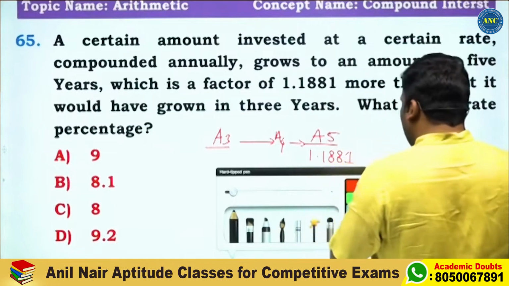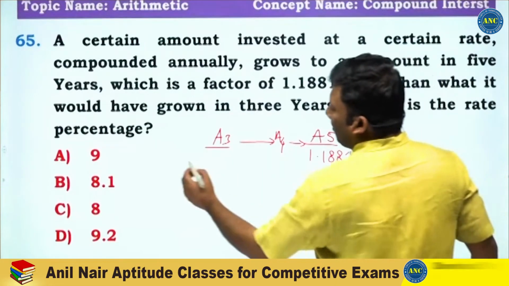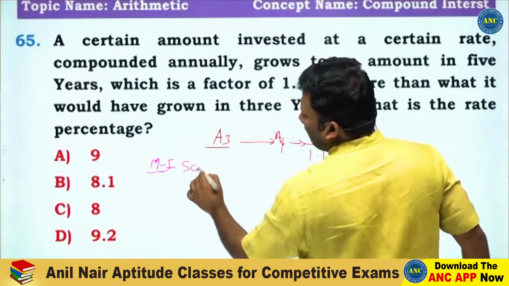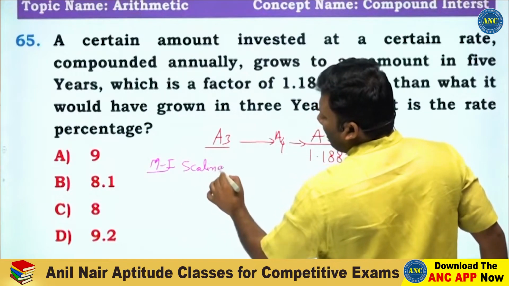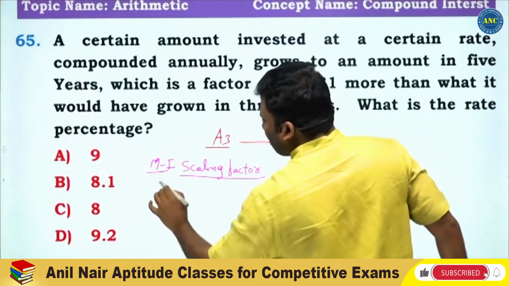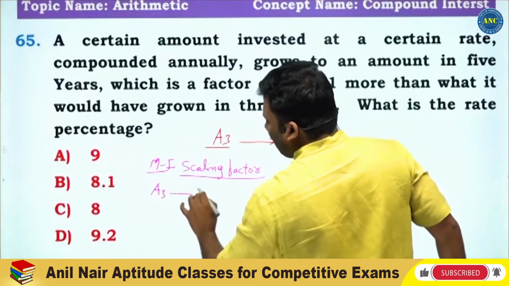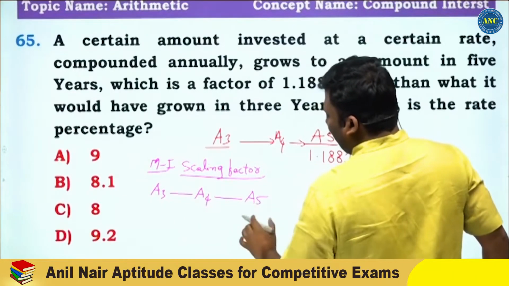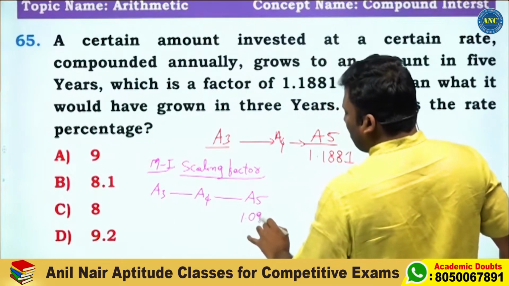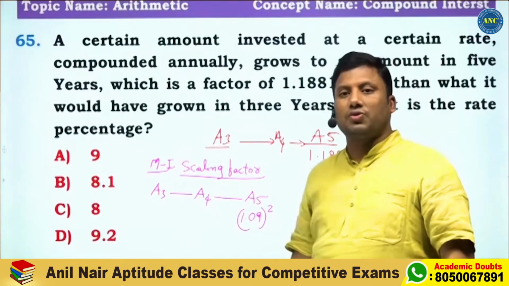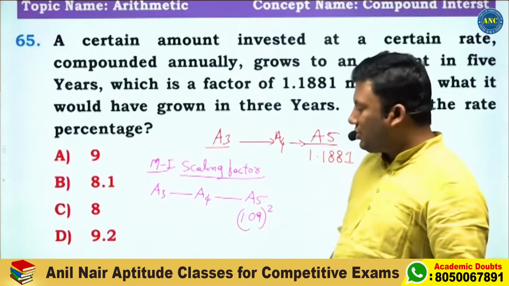Again, this problem, I am going to solve it in multiple methods. Method 1, scaling factor method. Consecutive years, scaling factors will be same. A3 to A4, A4 to A5. A5 is 1.09 whole square. 1.09 whole square is 1.1881.